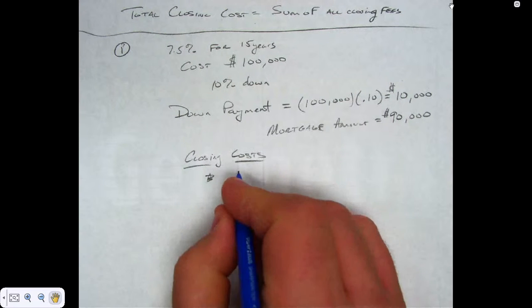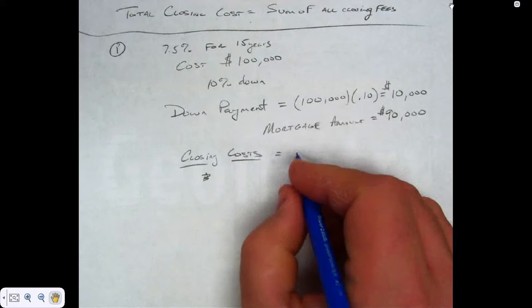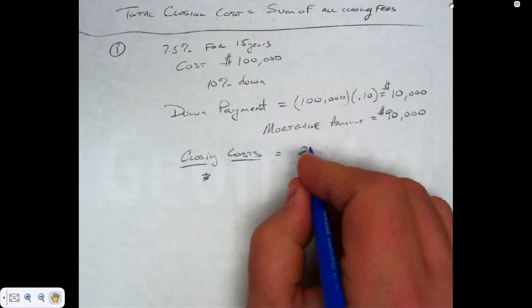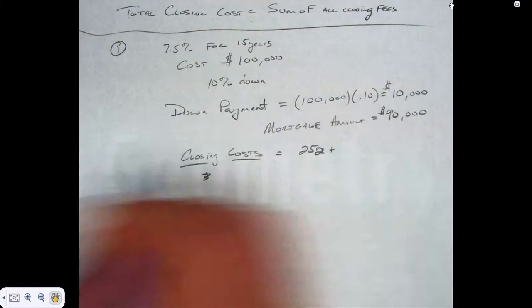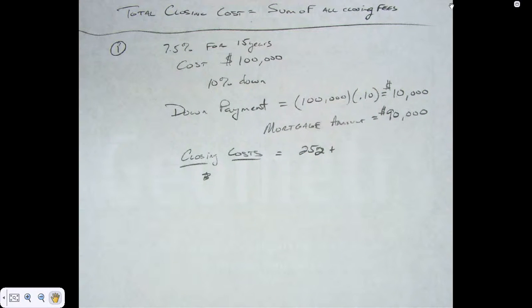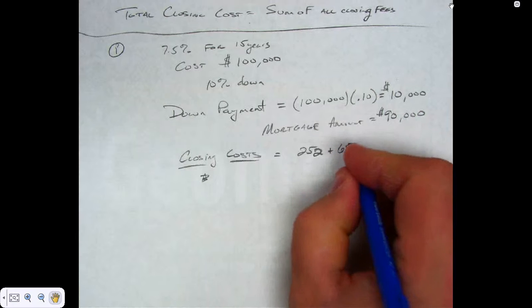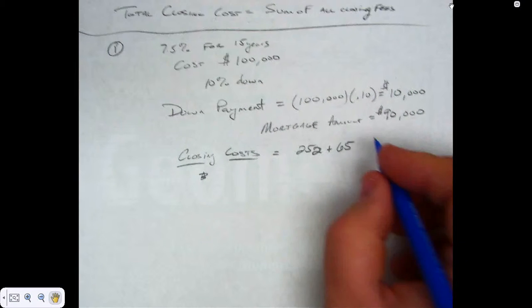So we've got $252 for what? Application fee. Borrower's credit, 65. Your points is 2% of the mortgage.